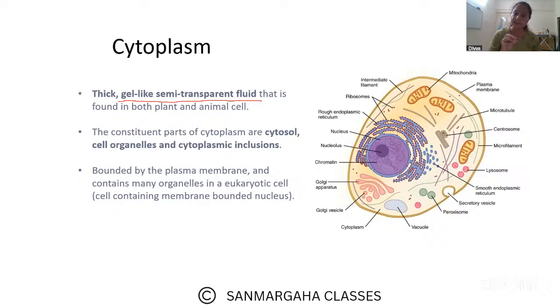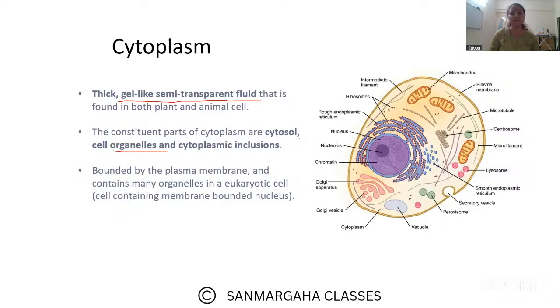It is a thick, gel-like, semi-transparent fluid. This cytoplasm is present in both plant cells as well as animal cells. As we already discussed, all the organelles are present inside the cytoplasm.